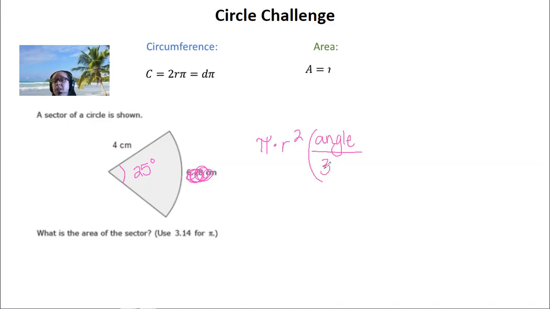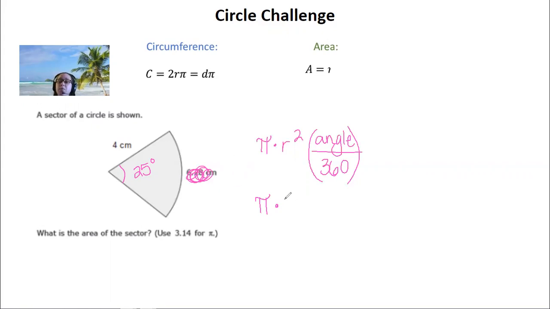And we're going to multiply by the angle that we're given out of 360. So what is my radius in this area of a sector? What is the length of my sector? Is it the 4 or the 25?